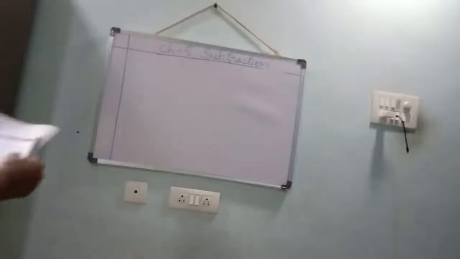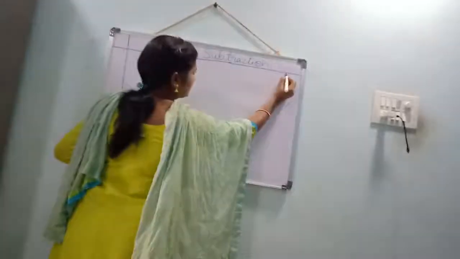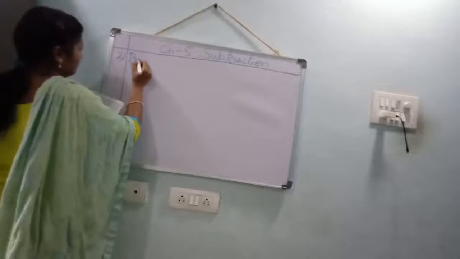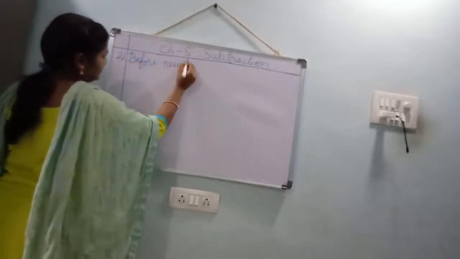You learned zero property. Now, the second one: before number property.